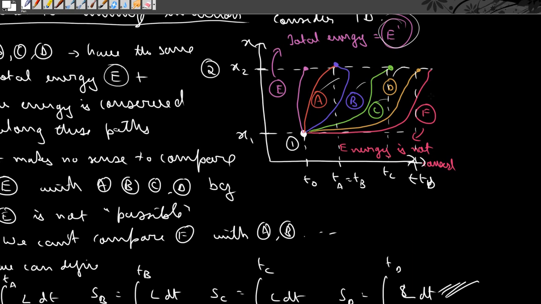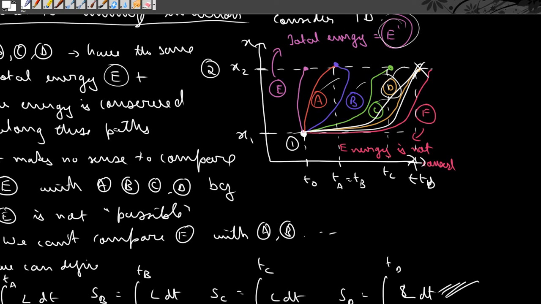Even though among A, B, C, D, SD corresponds to the minimum action, if we assume that D is indeed the correct path, it may not be the case that among all the possible paths which start at point 1 and end at this point, D is minimum.